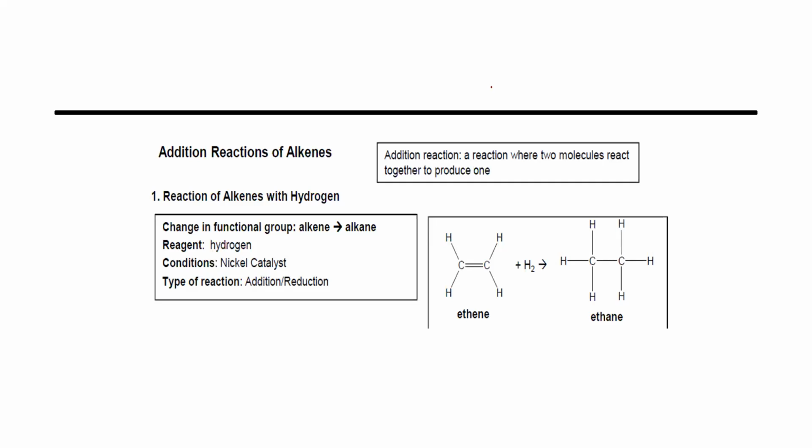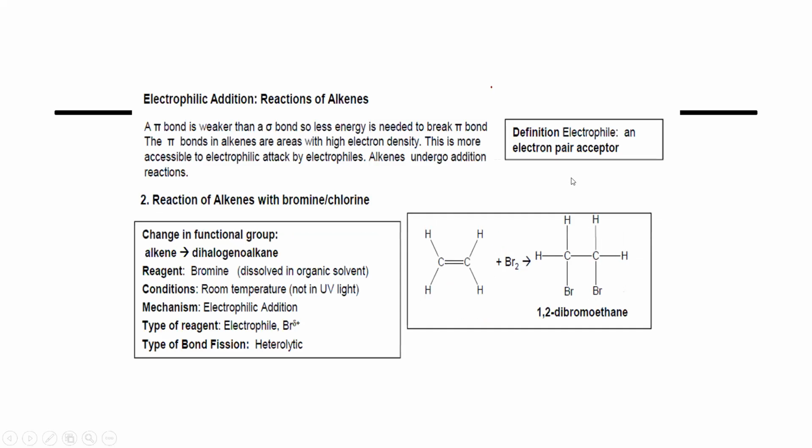When alkene reacts with hydrogen, this results in the formation of alkane, and the type of reaction is known as an addition reaction. So ethene plus hydrogen gives ethane, propene plus hydrogen gives propane. And this is called electrophilic addition reaction.